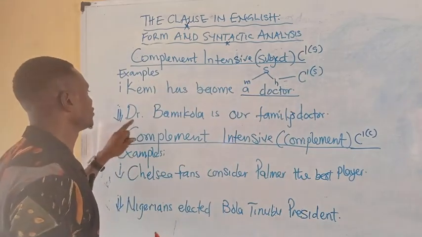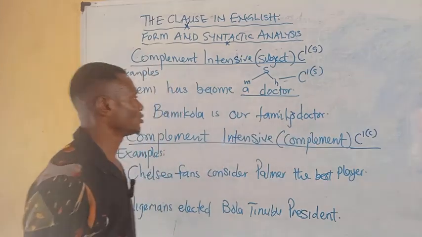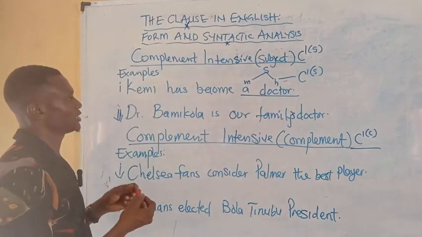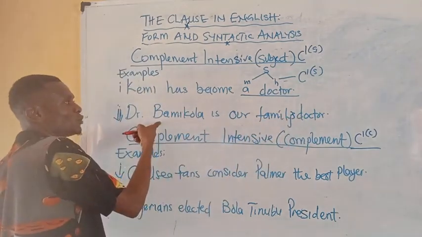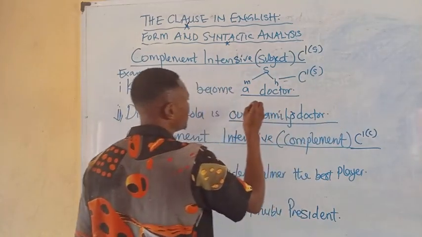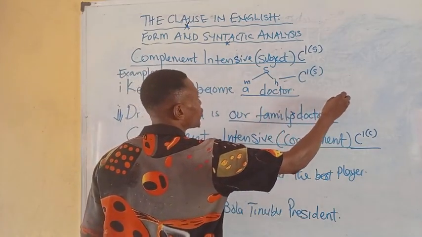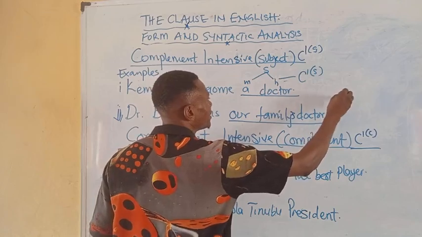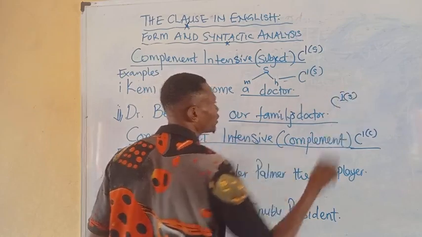Number 2, Dr. Bamikole is our family's doctor. Dr. Bamikole is our family's doctor refers to Dr. Bamikole. So our family's doctor is complement intensive subject.